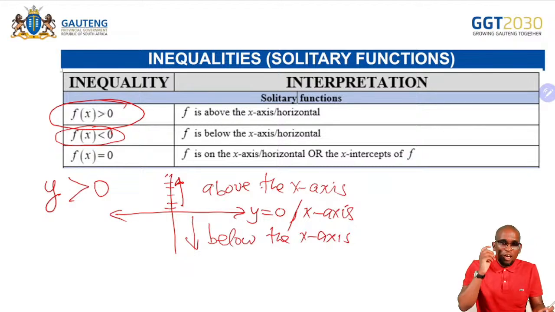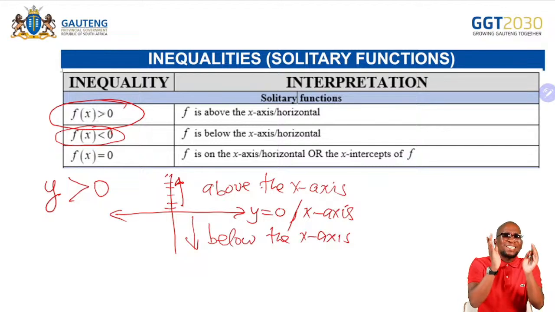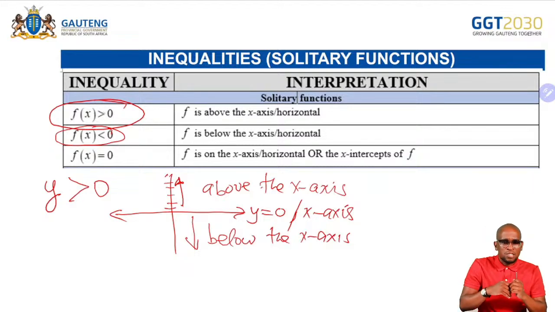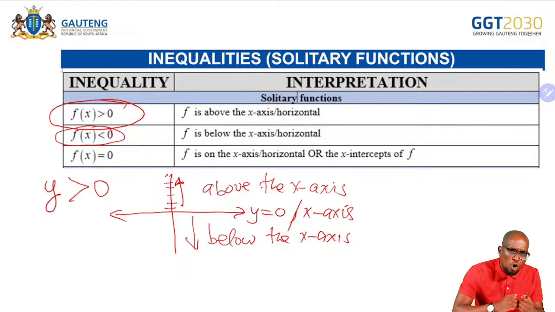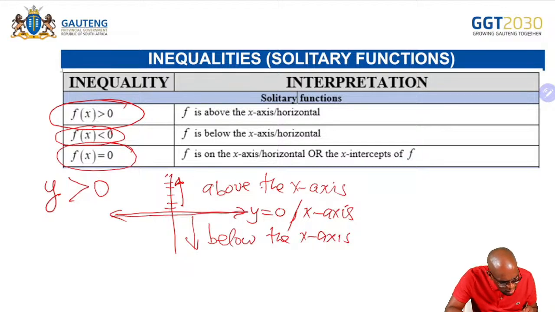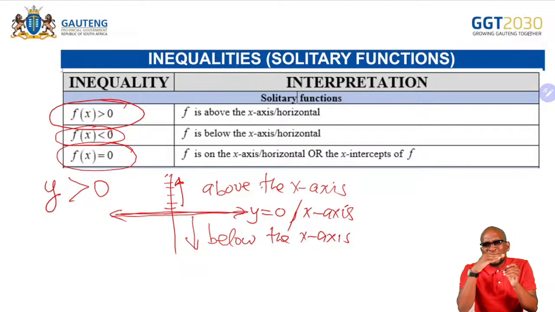So if they say f of x greater than 0, you're going to look at the graph and find a portion of the graph that is above the x-axis. If they say f of x less than 0, you find the portion of the graph that is below the x-axis. If they say f of x is equal to 0, you find the portion of the graph that is exactly located at the x-axis.